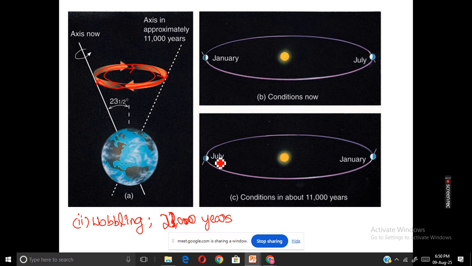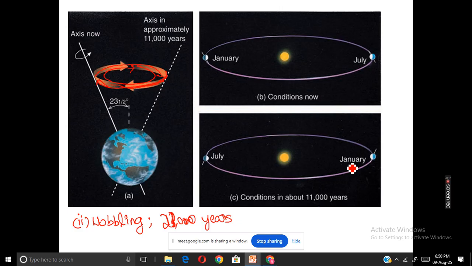The location will change actually. So during July, the Earth will be at this particular location, and during January, it will be like this. So that's what happens due to wobbling.